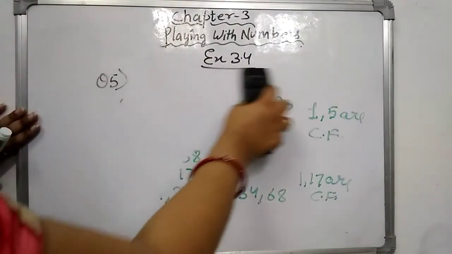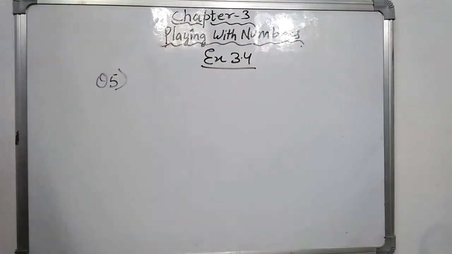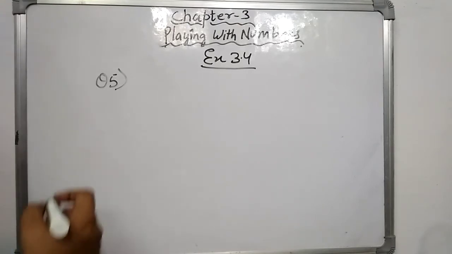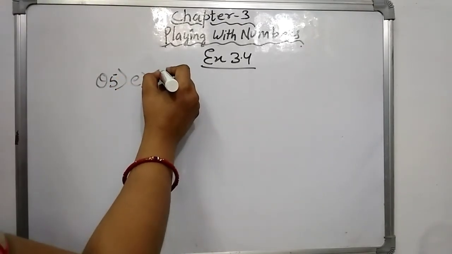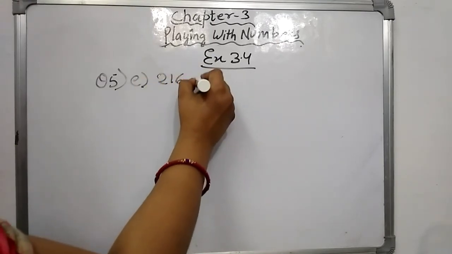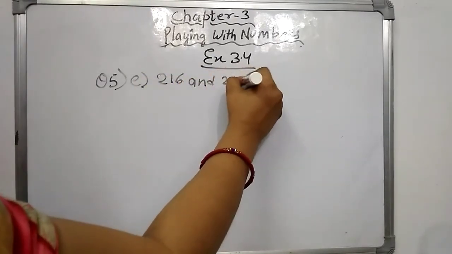Let's take the next pair. Next is 216 and 215.